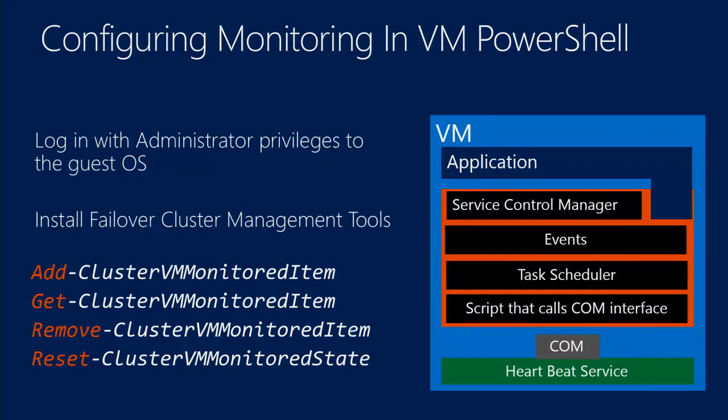Each of the commandlets has help. You can configure it to monitor a service or look for an event. And then go into Task Scheduler and look at the script that we attach to. Open that script and you can see the code that we use to do that trigger. So if any of you create applications or are interested in either creating your own monitor or integrating with it, that's the best way to get a sample.